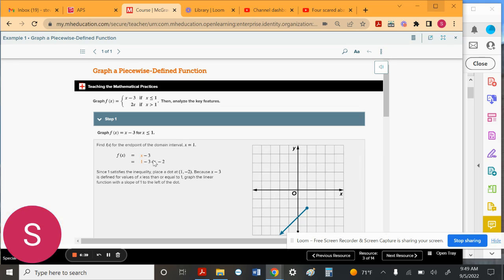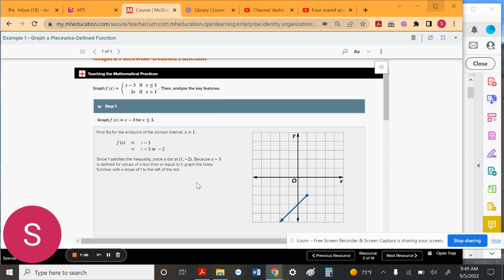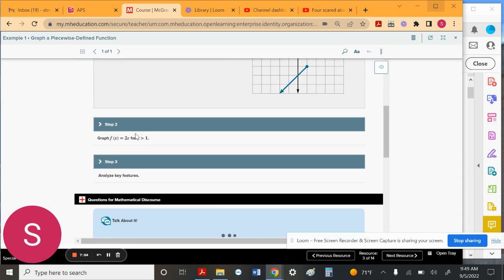We can see here that my intercept is -3, which is right there, and my slope is 1. So if I go to -3, and then I go up 1 over 1, that would be that point, and then we could draw the line. Okay, so that is that one. And I think that's the first part.